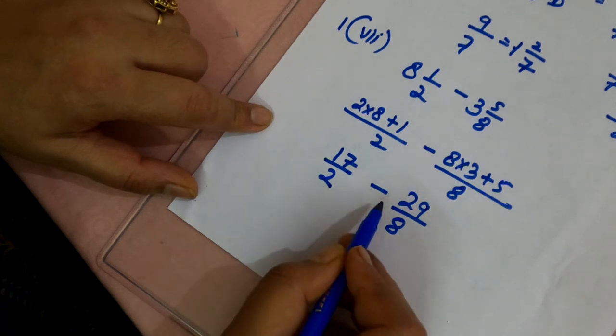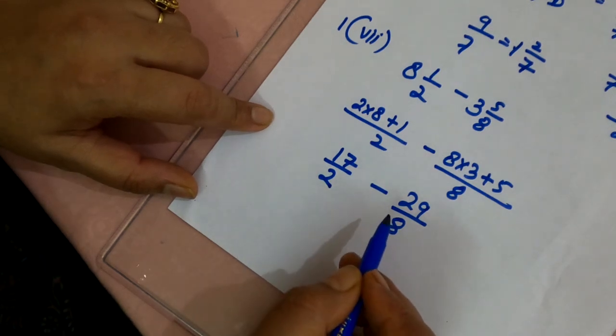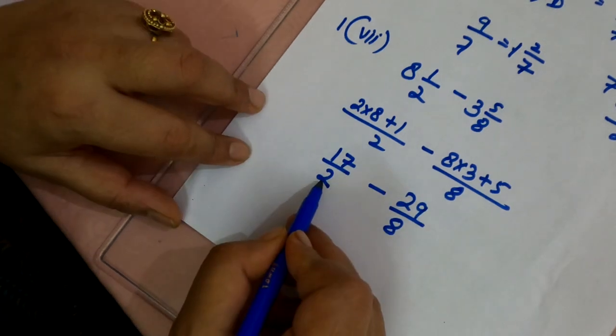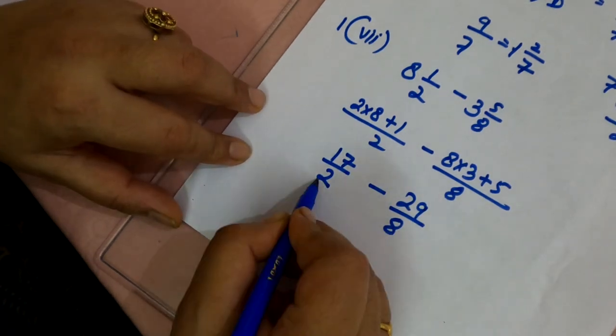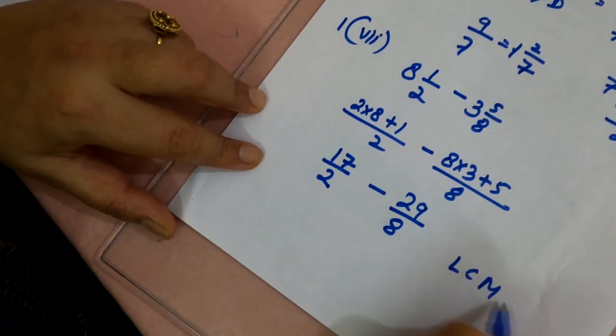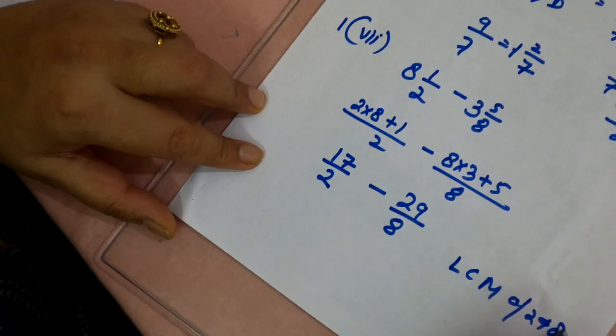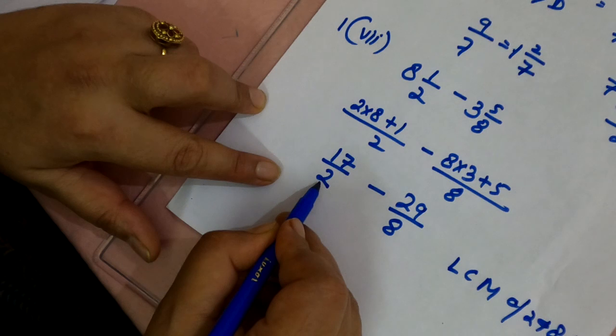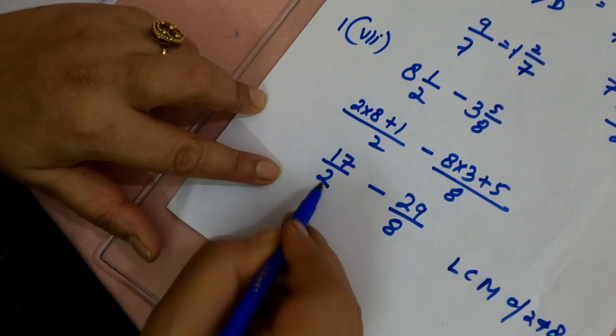So for subtracting them, we need to convert them into like fractions. So for converting them into like fractions, we want the LCM of 2 and 8. LCM of 2 and 8 is 8. Clear? So if I want 8 here, I need to multiply by 4, this as well as this.